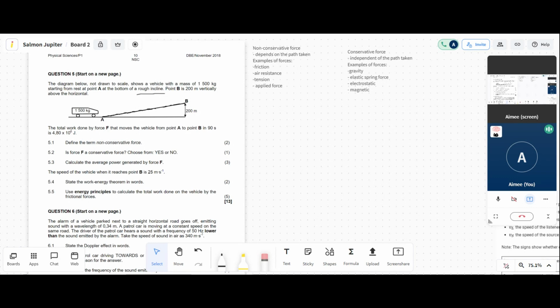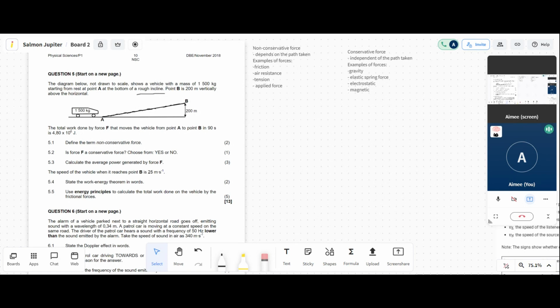Whenever you see questions like this, you need to go to your question, you need to see what information have they given me and what are they asking me to calculate. And what you need to do then is you go to your formula sheet and you see which formula has all of the information in it that I have and which formula has the variable in it that I'm hoping to calculate.